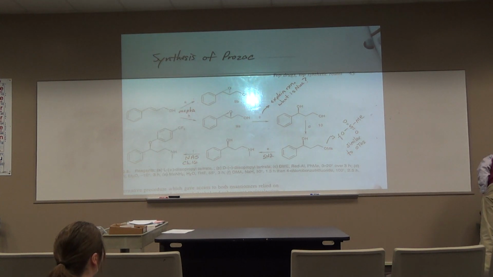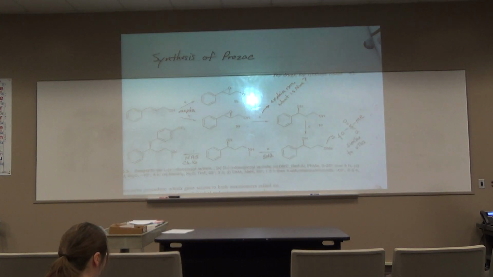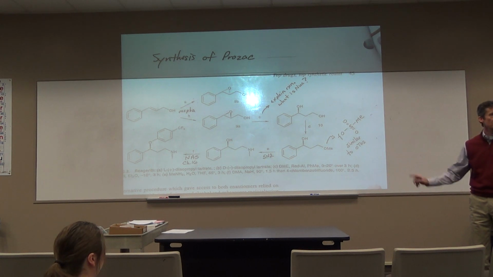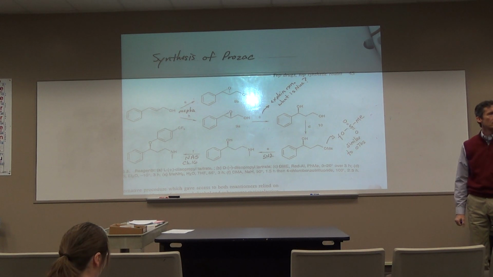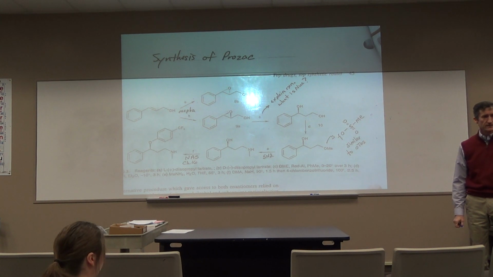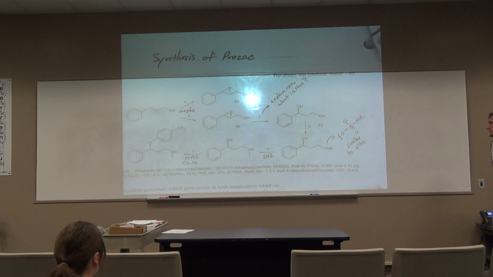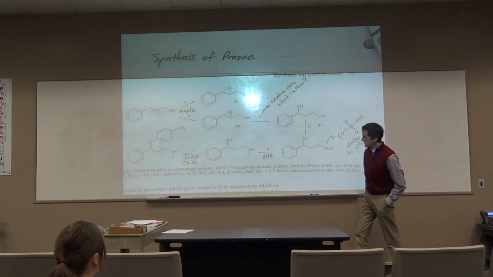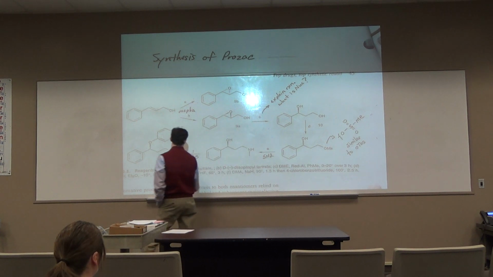Did they use a base in that reaction? What base did we use with tosyl chloride? Pyridine. What base did they use with mesyl chloride here? Triethylamine. Yes, they use triethylamine as base. Make the mesylate. Then what did they do with the mesylate? They reacted it with what?